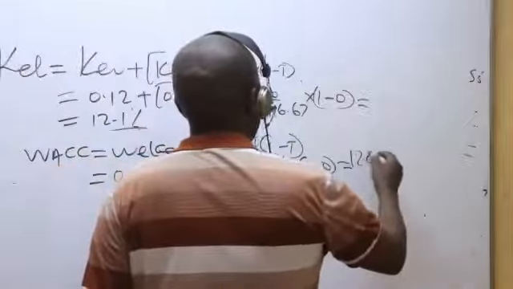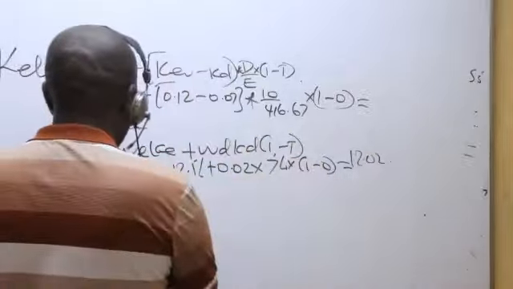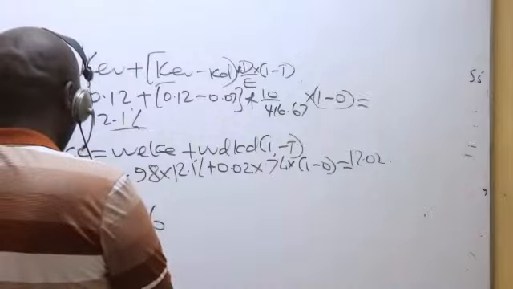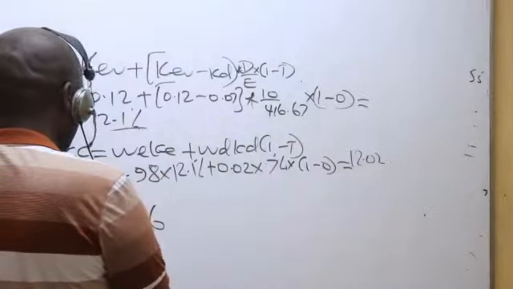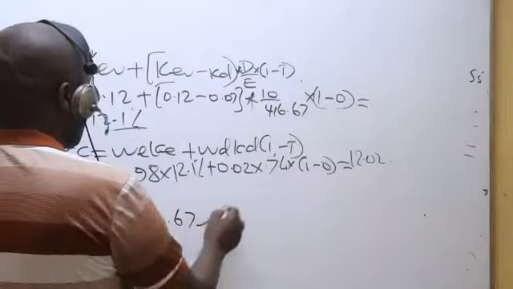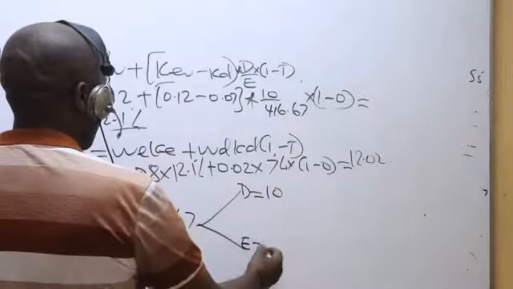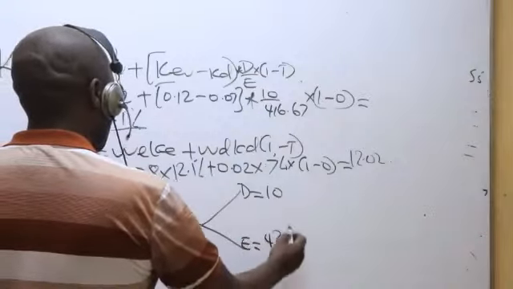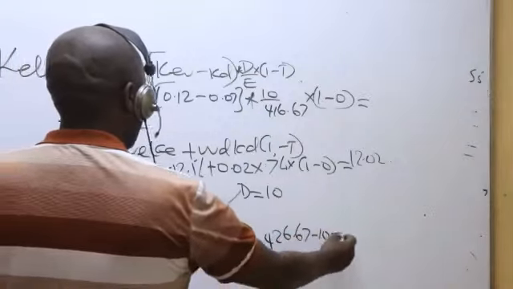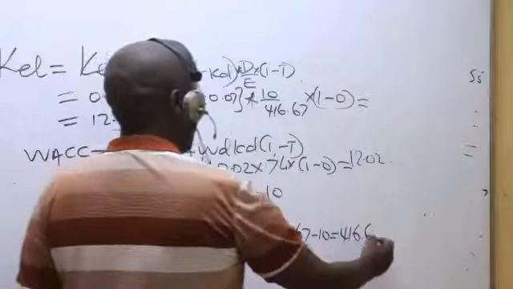So how are we getting the weights? Remember, in this question, we had the total value of the levered firm. We split this into two: debt will be 10, equity will be 426.67 minus 10, which gave us 416.67.